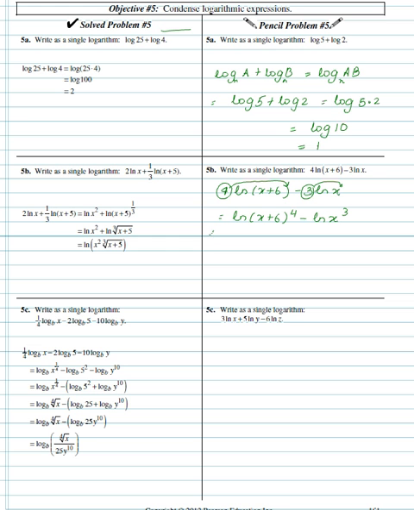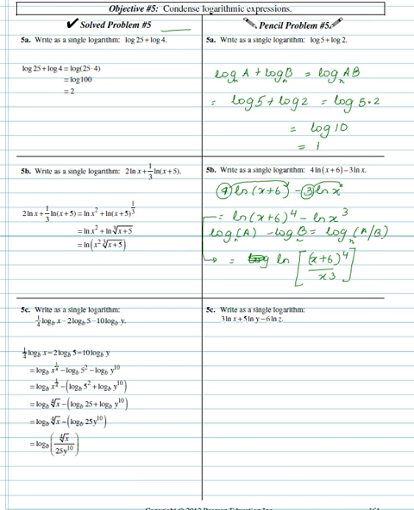Remember, subtraction of logs: log a minus log b now becomes log a over b, and the base stays the same. So this one now becomes ln of x plus 6 to the power 4 over x cubed.